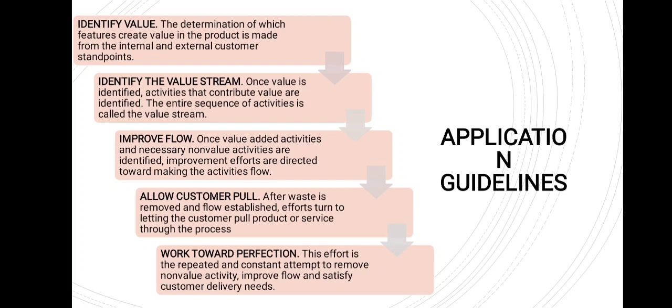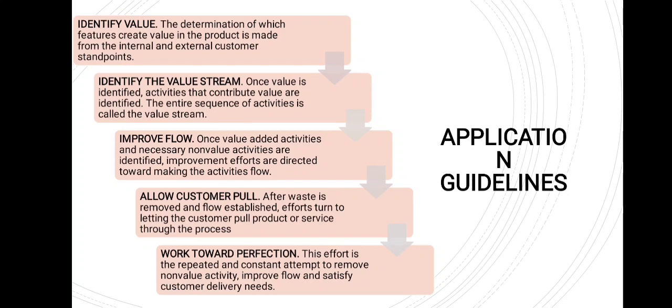On balance, identify the activities that contribute value. The sequence of activities is called the value stream. Improve the flow of value. Activities that are not necessary and add no value are eliminated, and improvements are directed at making the activity flow.